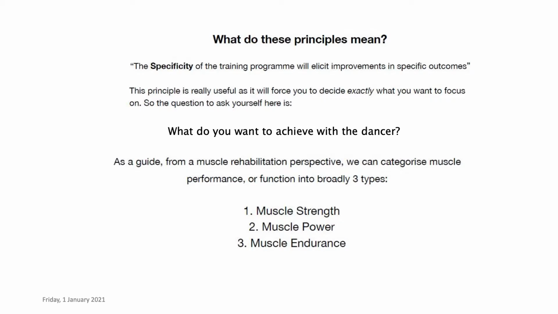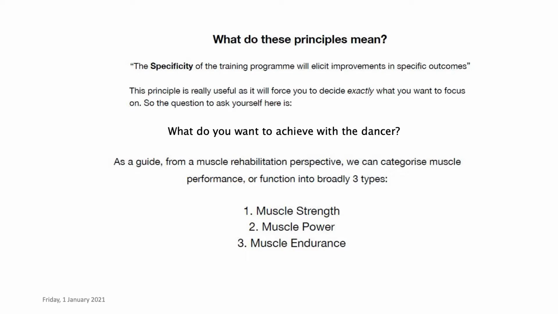The specificity of a training program will elicit improvements in specific outcomes. So what it's making us do as practitioners is ask, what do we want to achieve with the dancer for that specific piece they are doing?